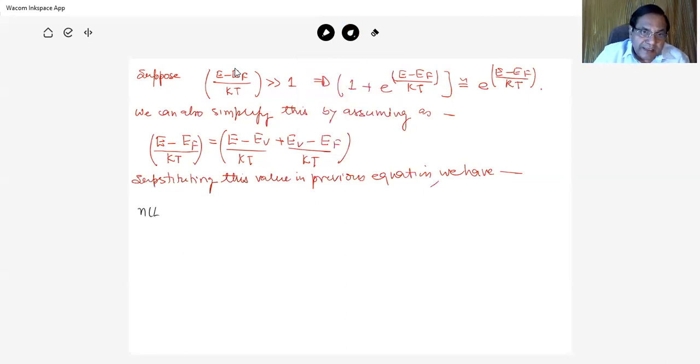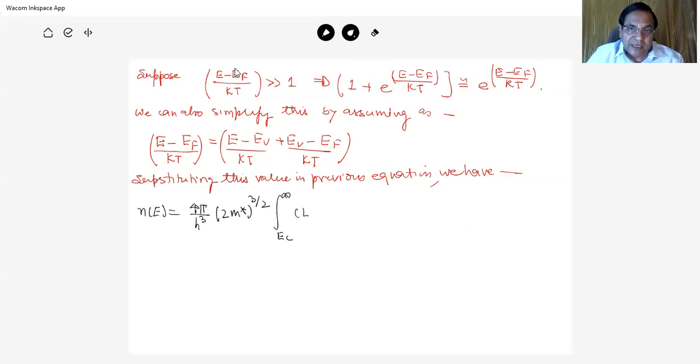n_e is equal to, taking the constant terms out, 4 by 3 pi h cube, 2 m star to the power 3 by 2, and this is infinity to EC, E minus EV.